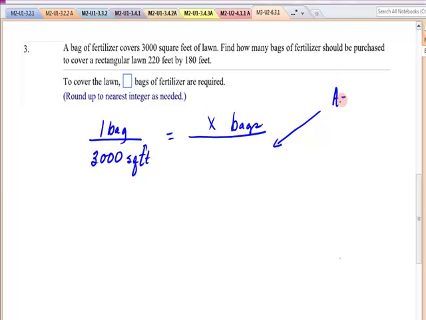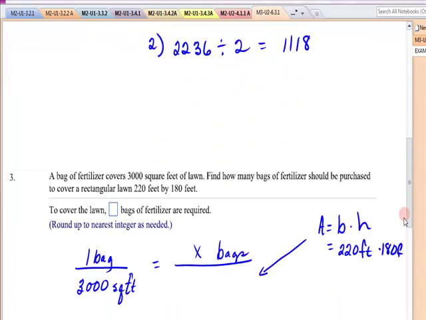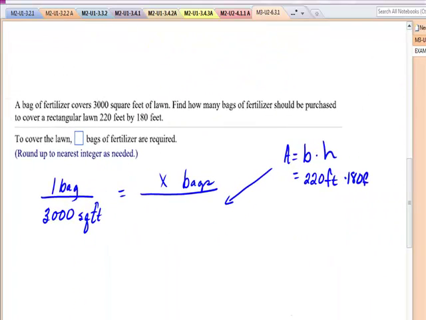The area of this lawn is base times height. So it is 220 feet by 180 feet. So 220 times 180.